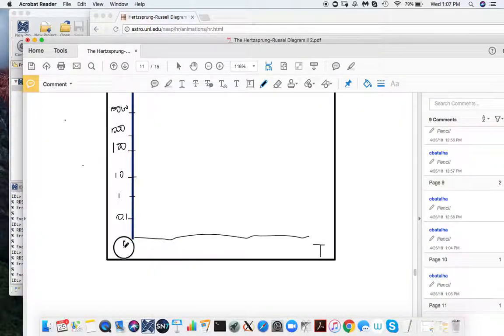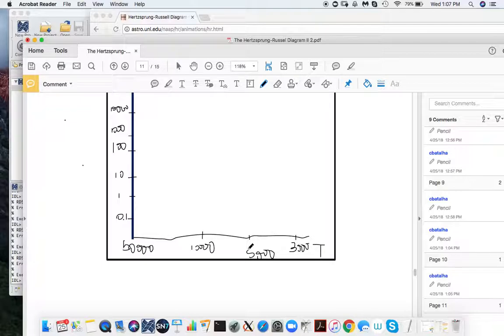Just to remember, I like to start with 50,000. Doesn't matter. Just conceptual. 50, I go to 10,000 Kelvin. And then 5,000. And then the last one, 3,000. Got it?